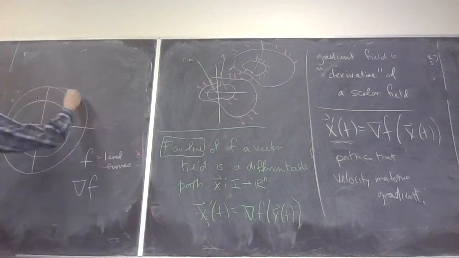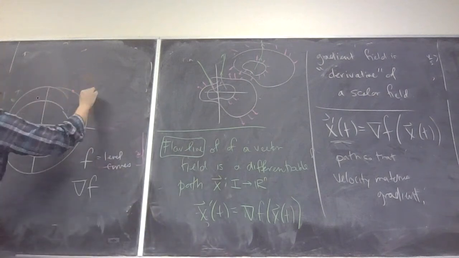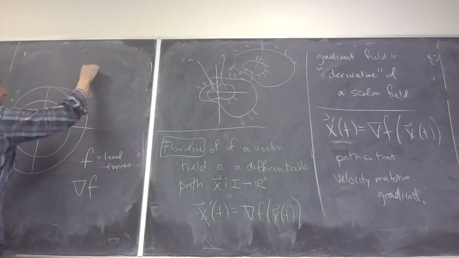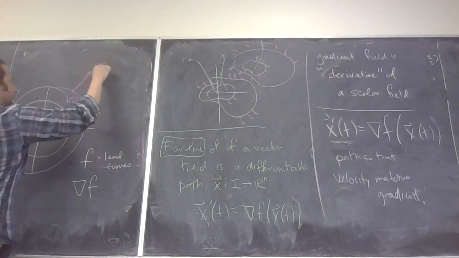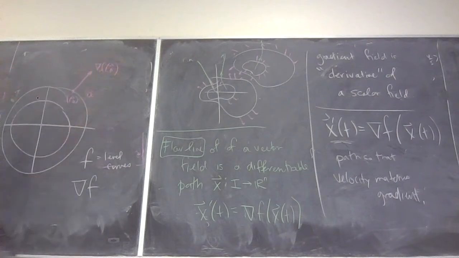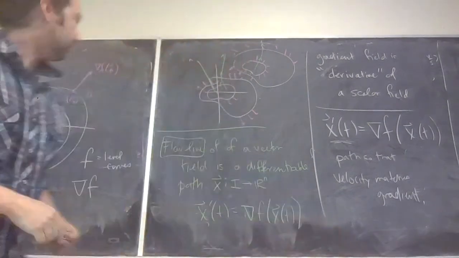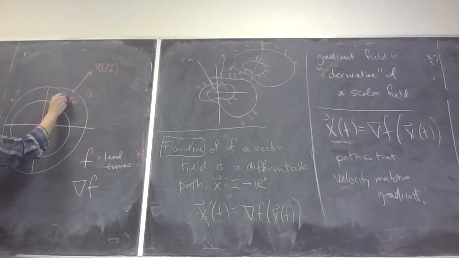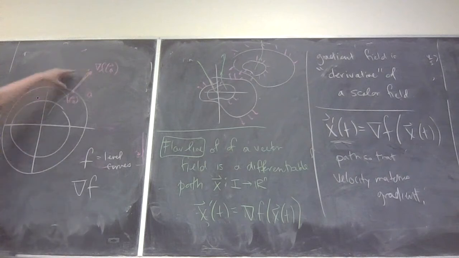So at this point right here, maybe this is the point A. The value at that point is F of A. The vector pointing out of it like this is the gradient of F at A. And we're saying something is a flow line if, when it crosses through this, its tangent vector matches the gradient vector.